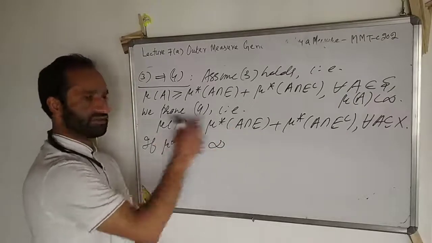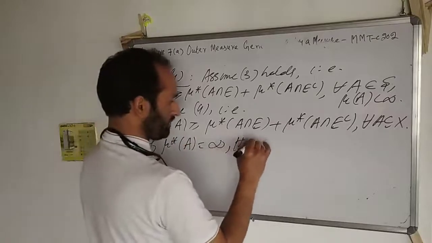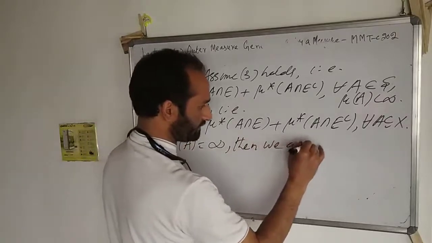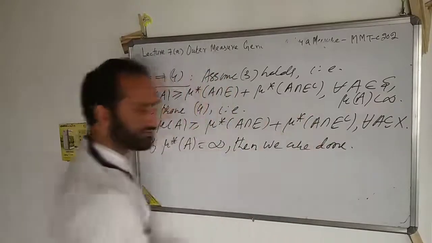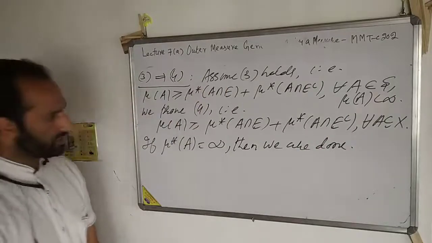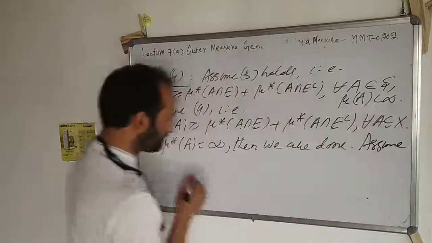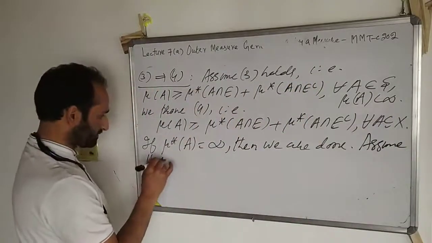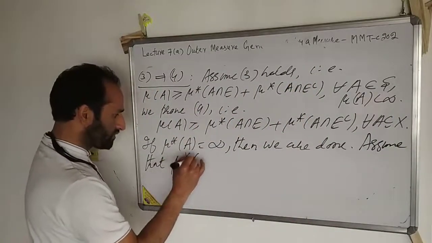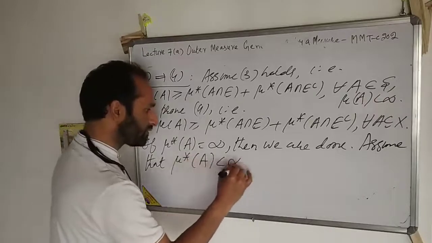Infinity is greater or equal to this number. Then we are done. So we assume that mu star of A is finite.